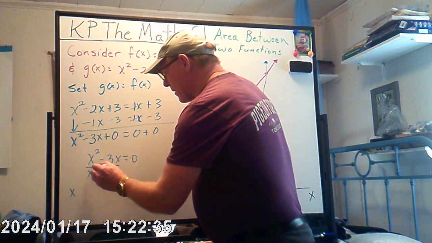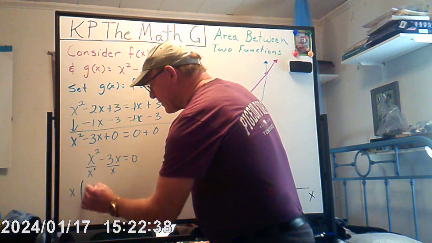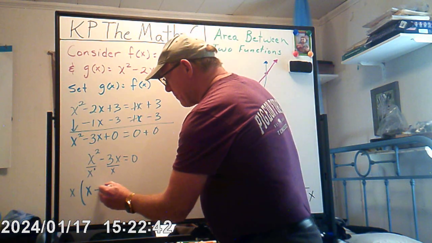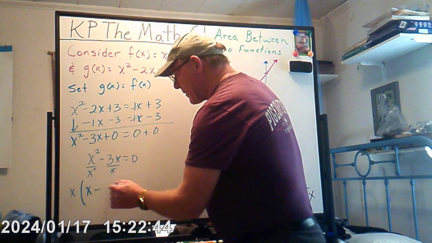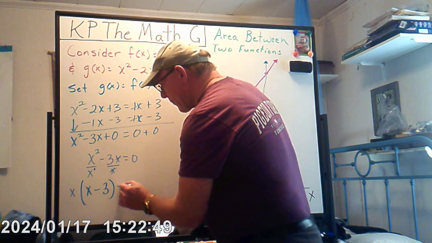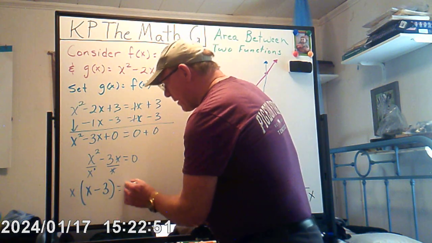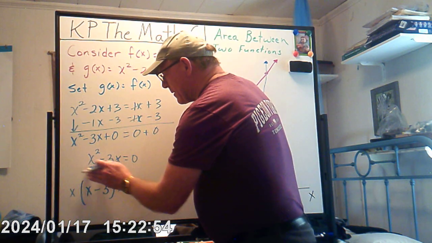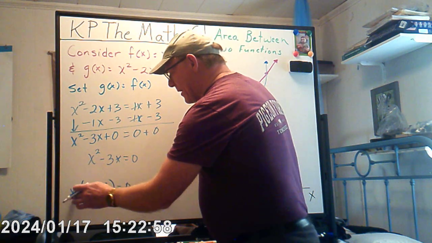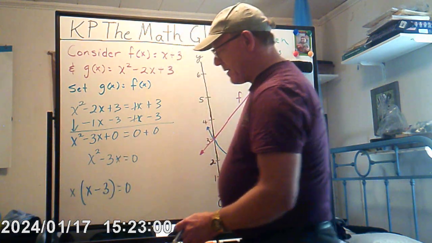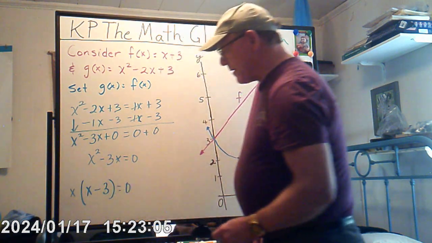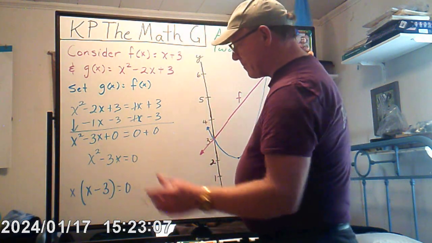Take 1 out, you have 1 left. And actually, in all actuality, you just factor out the x. X times x is x squared, x times 3 is 3. X times negative 3 is negative 3x.